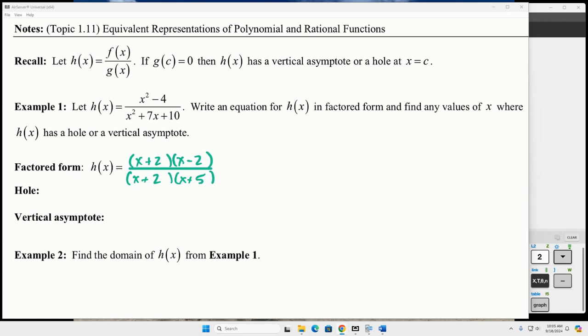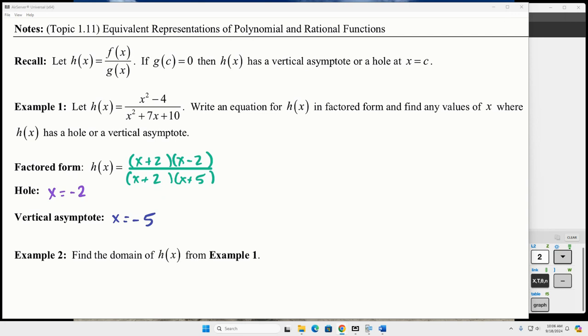All right, so what x value would this function have a hole? So we're looking for the common factors where the denominator completely cancels out. All right, what about a vertical asymptote? Good. And then a function is always undefined at the vertical asymptotes and the holes.